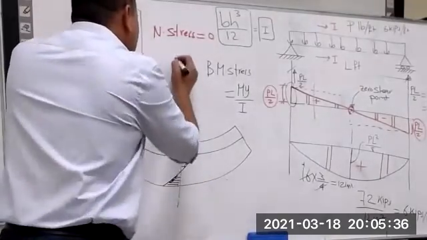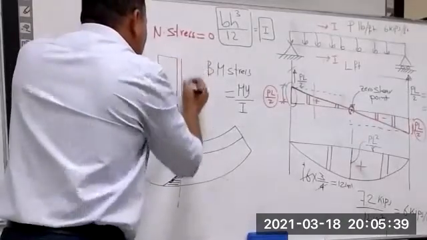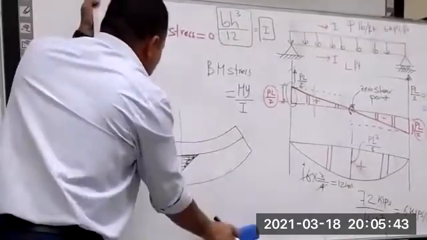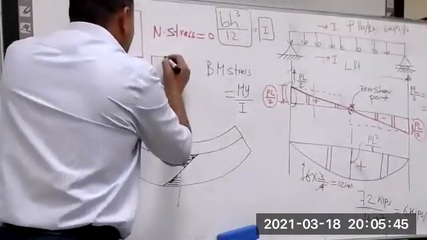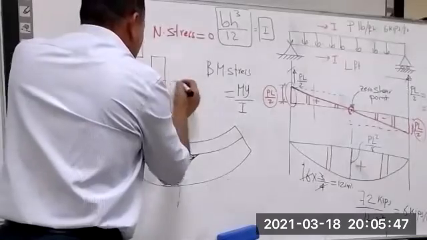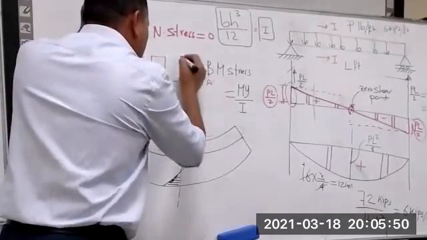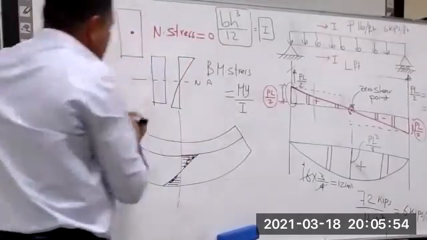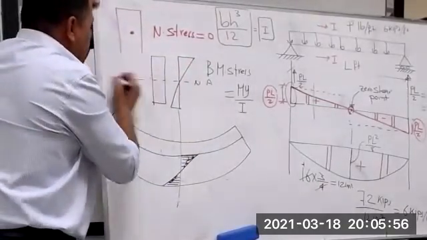At this section, the neutral axis. I am talking about flexure stresses. Some books do it like that.